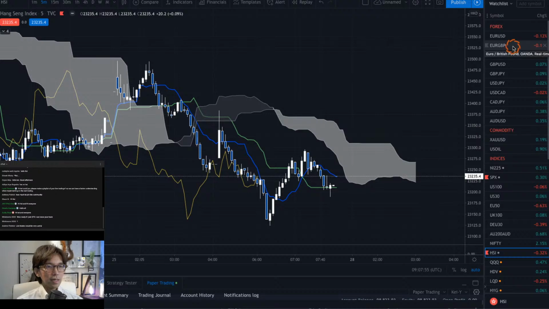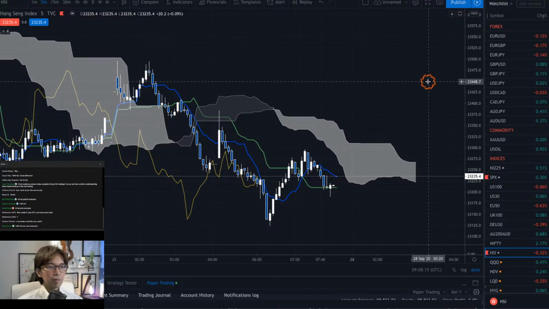I think there are about 10 pairs that I watch, and whenever I see any trends in the market in higher time frames, I look at the lower time frames to capture the trading edges to sell or buy. But right now, there are no trends on these major pairs. Sometimes I switch around depending on the market condition, but basically I look at Euro USD, GBP and JPY, and also CAD and AUD pairs.